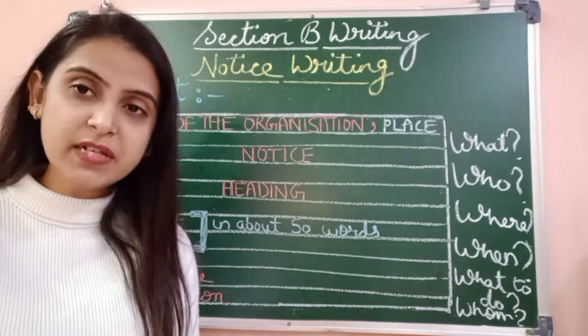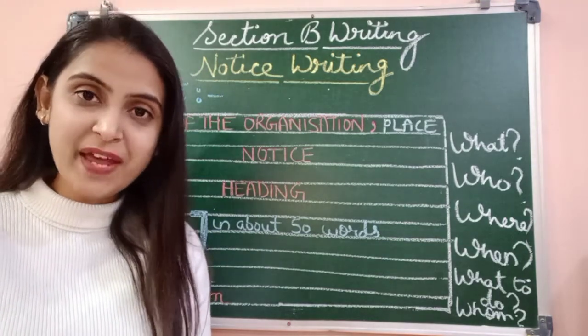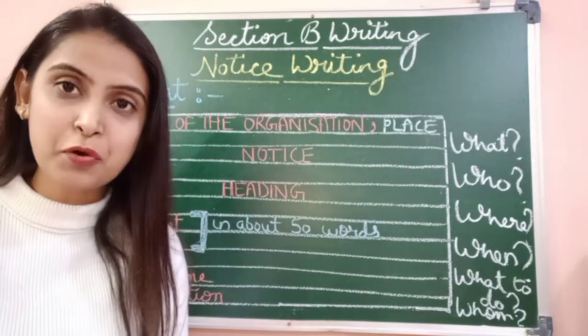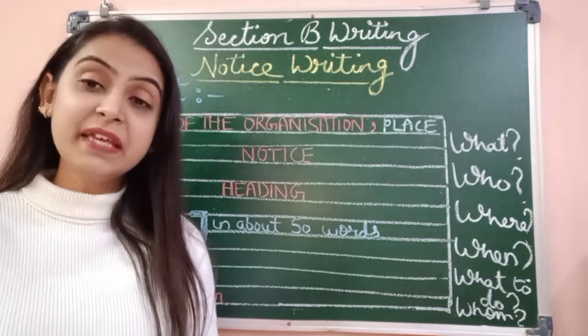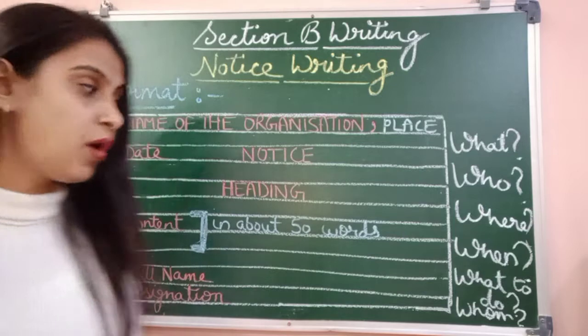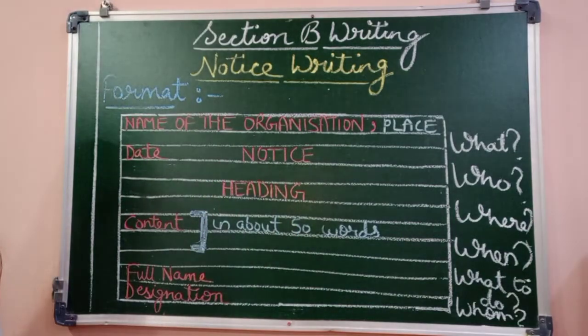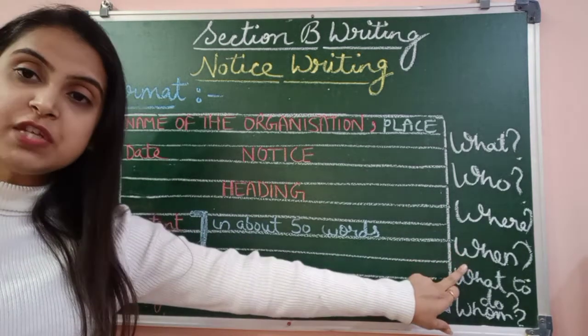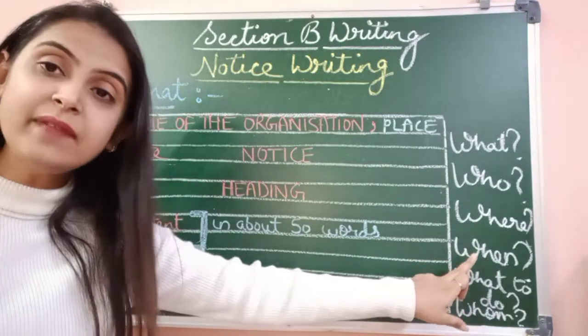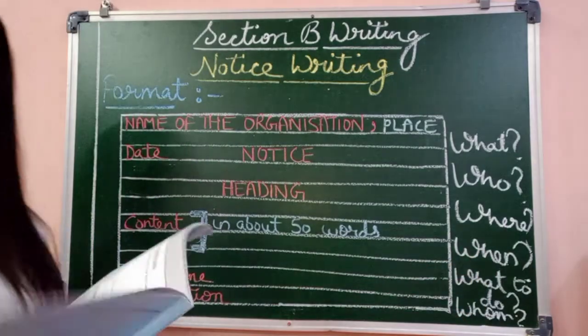Children, it is not necessary that the box be a square; it can be a rectangle also. Then give an attractive heading in block letters, as I have already told you. Then state clearly the event with date and time. I have already shared that you need to mention when, and in this the date and time of the event will be included.